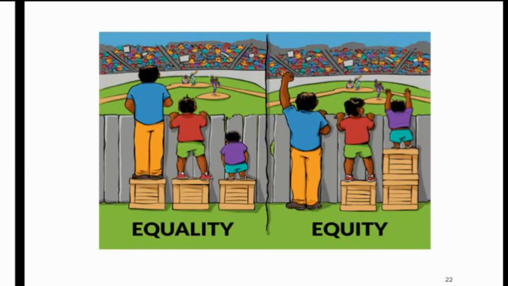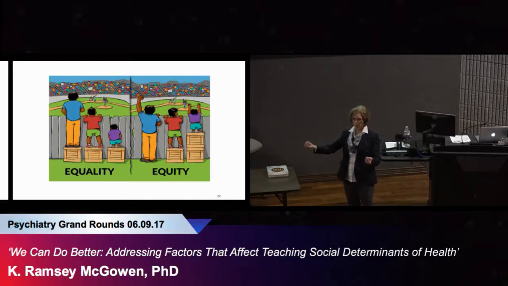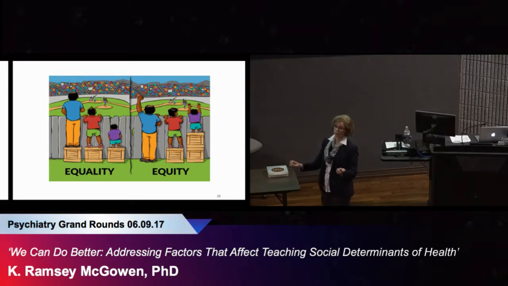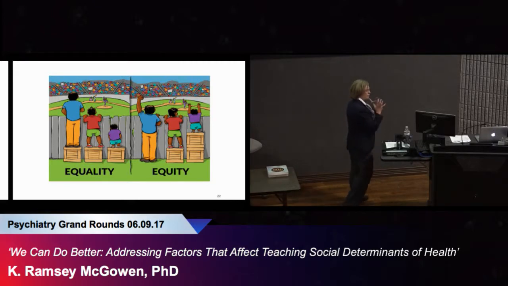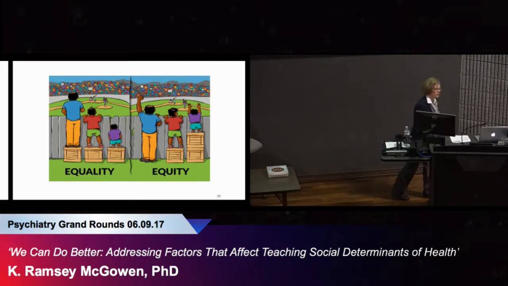It's a graphic designed to help people understand the difference between equality and equity. Equality is giving everybody the same thing. Equity is giving people what they need to succeed. And this graphic does a pretty good job of differentiating those two concepts.